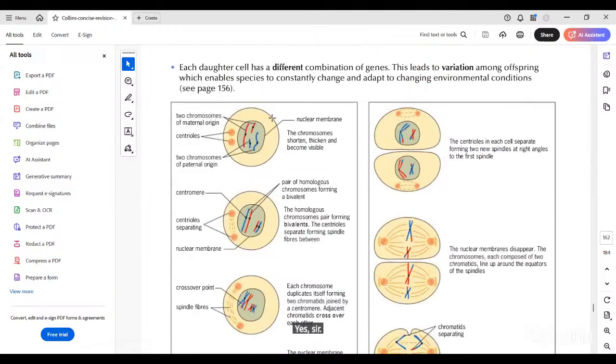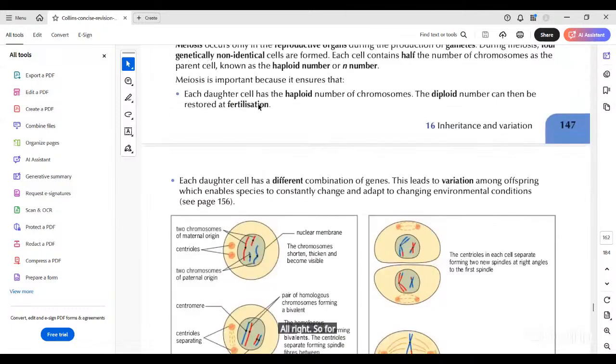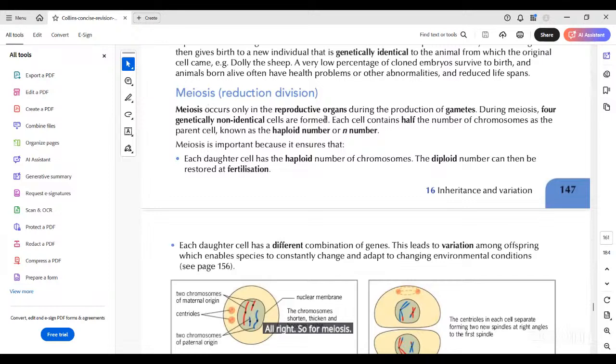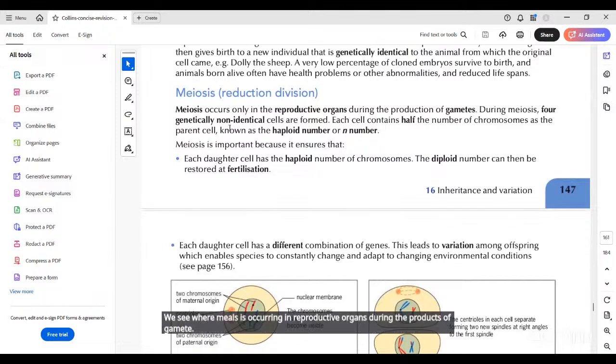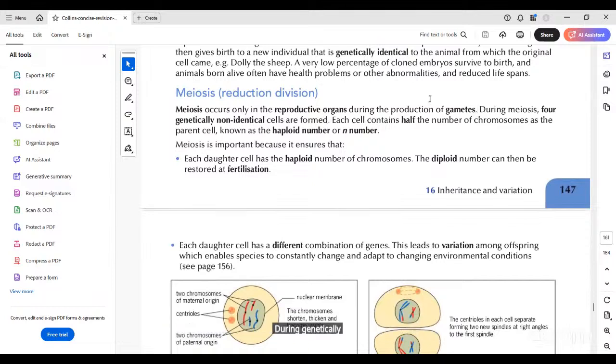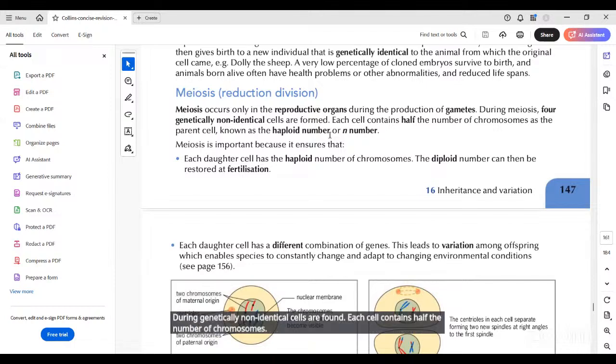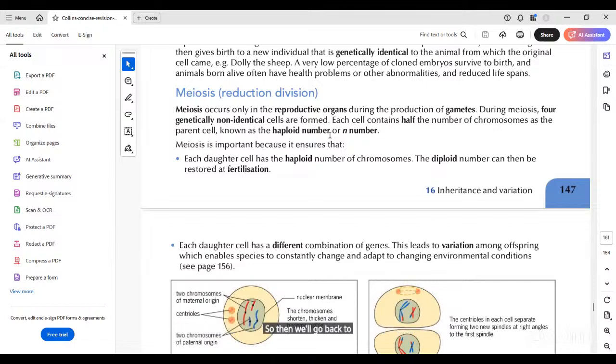So for meiosis, we see where meiosis occurs in reproductive organs, during the production of gametes, where genetically non-identical cells are formed. Each cell contains half the number of chromosomes. So we go back to the mother having 23, the father having 23.